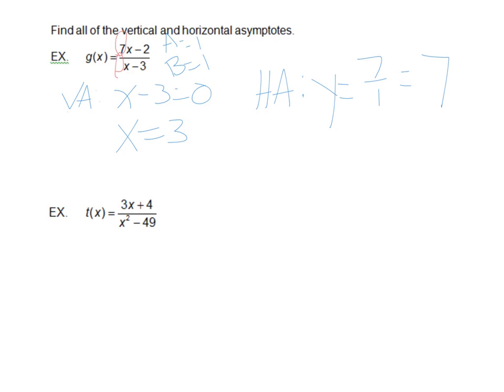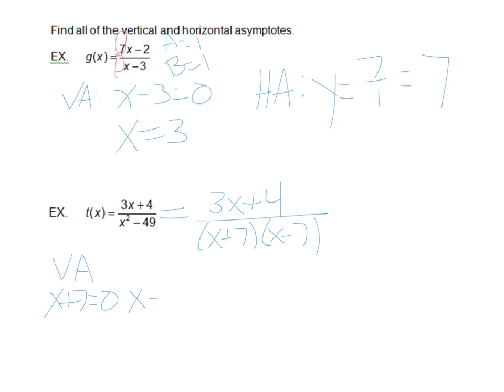For the next example, t of x equals 3x plus 4 over x squared minus 49. If there's a squared on the bottom, you need to factor it first. Again, we have a difference of squares. That would factor into x plus 7, x minus 7. Vertical asymptote, set the bottom equal to 0. So x plus 7 equals 0, x minus 7 equals 0.